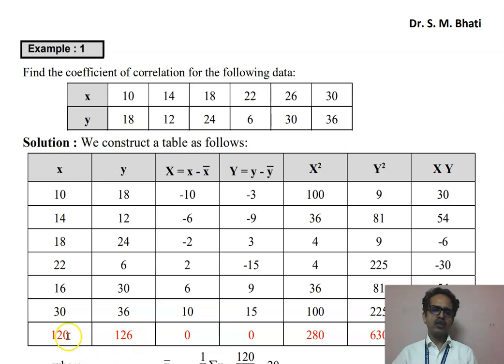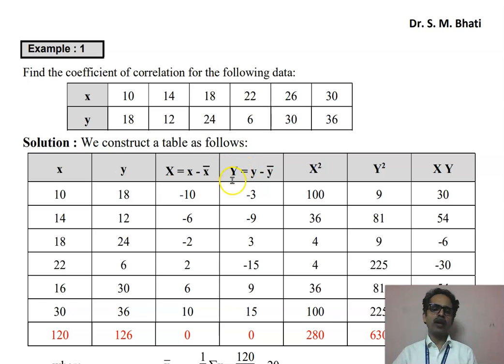N is 6. So x bar is 20, and y bar is 126 upon 6, that is 21. Each x minus 20 will give you this column.